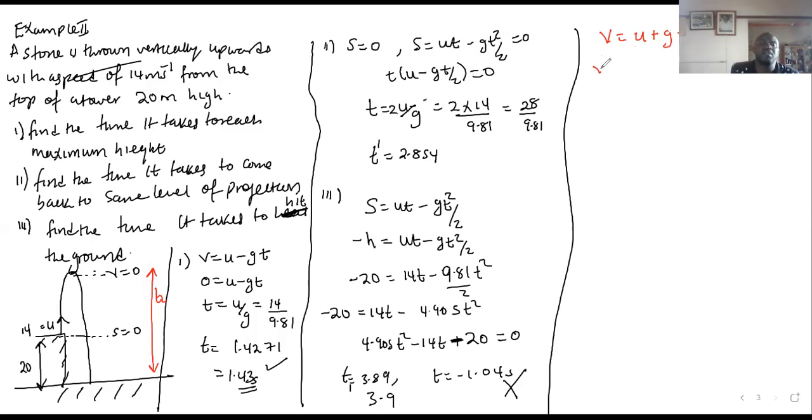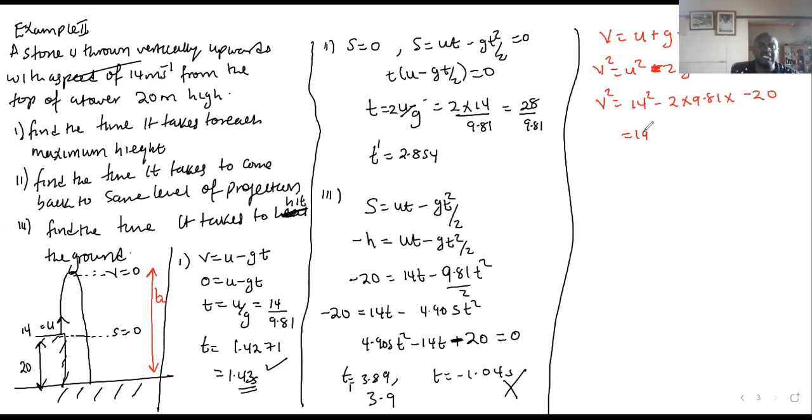From v squared is equal to u squared minus 2gh. So the final velocity can be got from 0 minus 2 times 9.81 times the height, which is negative 20.